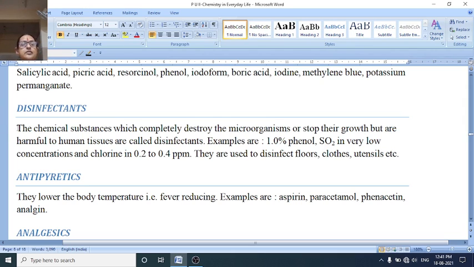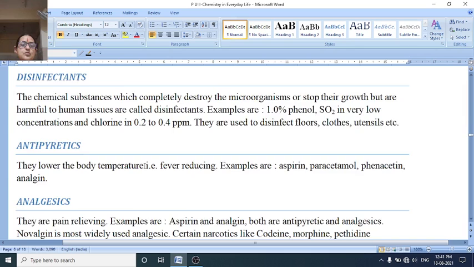The chemical substances which completely destroy the microorganisms or stop their growth but are harmful to human tissues are called disinfectants. Here 1% phenol or SO2 in a very low concentration and chlorine in about 0.2 to 0.4 parts per million. They are used to disinfect floor, clothes, utensils and so on.